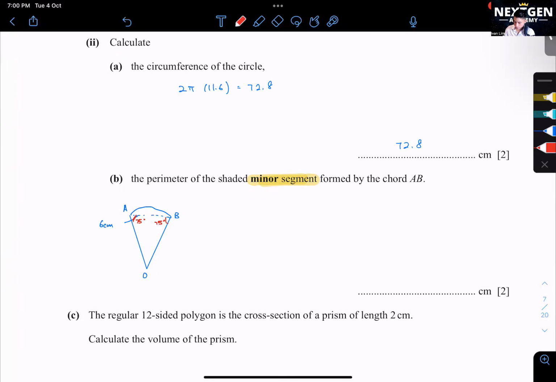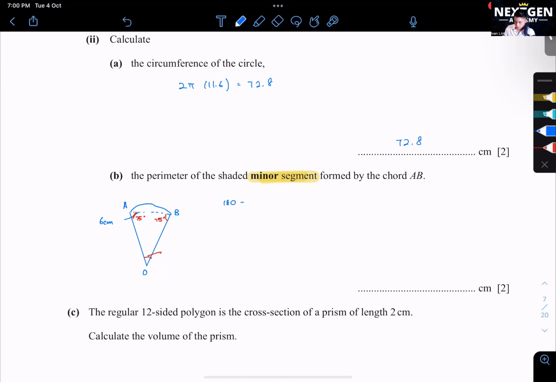So over here will be how much? 180 minus 2 times 75 degrees. You will get 30 degrees. So here is 30 degrees. Or I think you can 360 divided by 30 degrees also, because it's 12 parts.